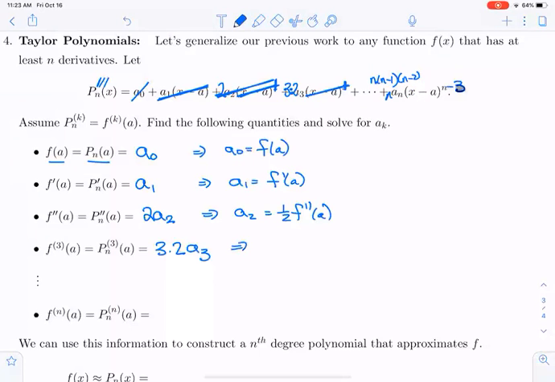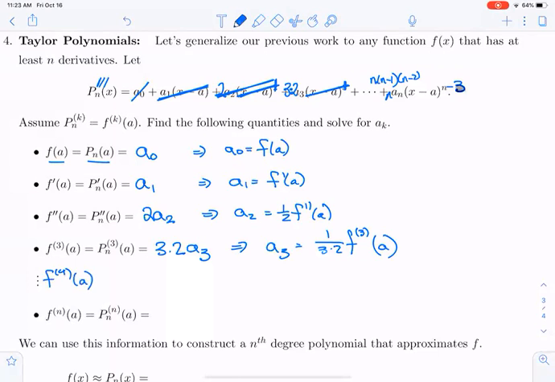So that tells me that a3 is 1 over 3 times 2 times f triple prime of a, which sometimes we notate, because we don't like writing so many primes, as f with a 3 in parentheses of a. That's the third derivative.